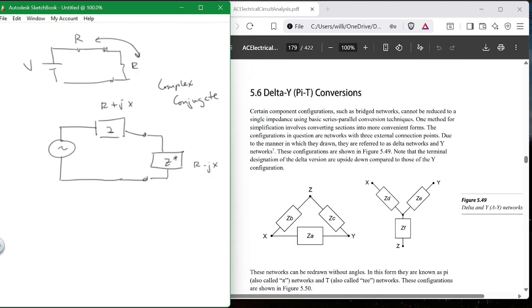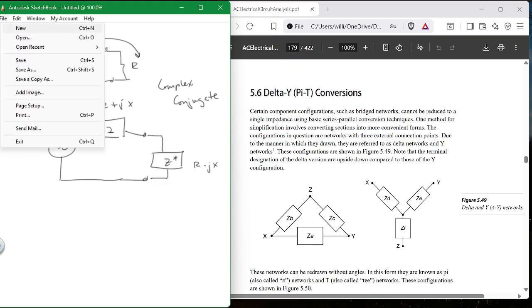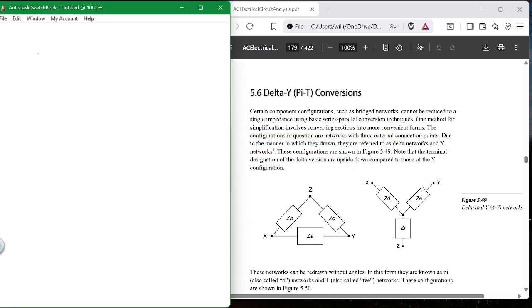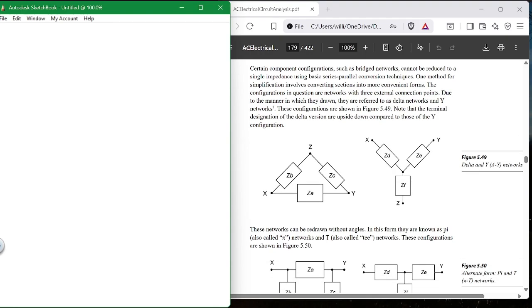Now, this part, delta to y and y to delta, I'm just going to tell you, we're going to skip. But there are equations for the conversion from a delta to a y or a y to a delta that are valid. But we're not going to memorize them, and we're not going to expect you to memorize them, okay?